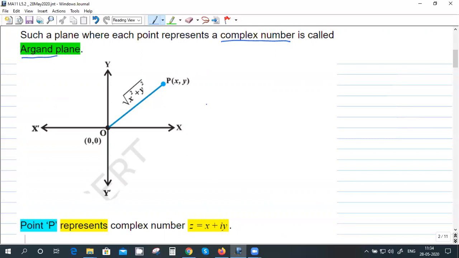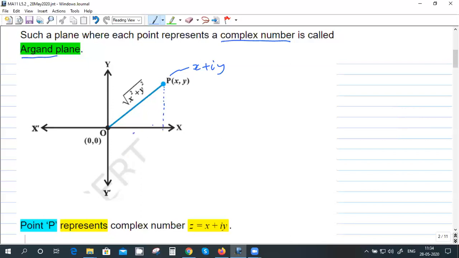So this is the point x comma y. What is the complex number it represents? x plus iy. And what is this distance OP? Root x square plus y square. How do you get that? It's the distance formula, that's basically Pythagoras theorem.